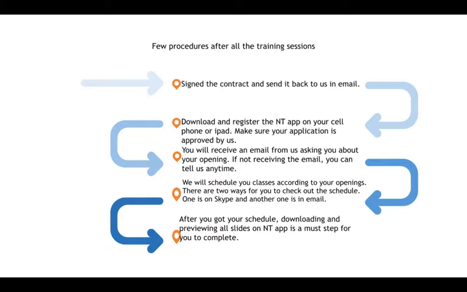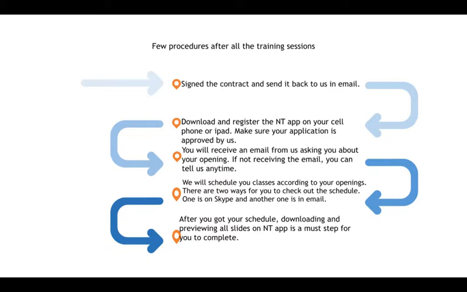When you get the email with the schedule in it, it's going to start on Monday through Sunday. Just highlight, like on Excel, use the fill button and fill in the colors of the time that you will be free. We will schedule your classes according to your openings.